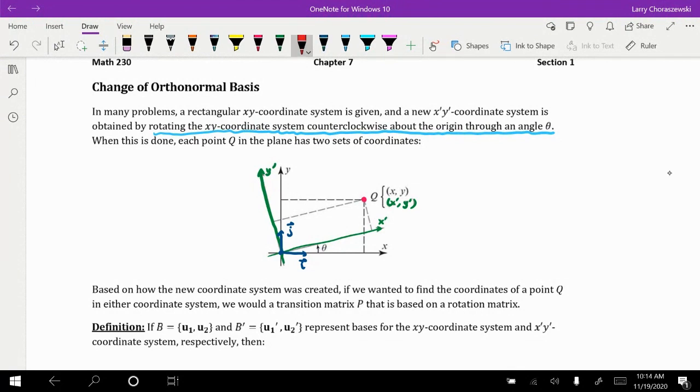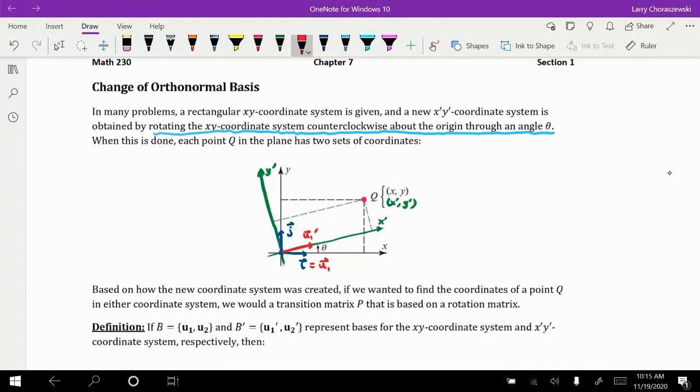So I'll say it this way: when we rotate i, we'll get the basis vector, I'll call it u1 prime. And with that, i doesn't necessarily have to be the basis vector for the xy coordinate system. So just to be a little more general, I'll say that this is u1.